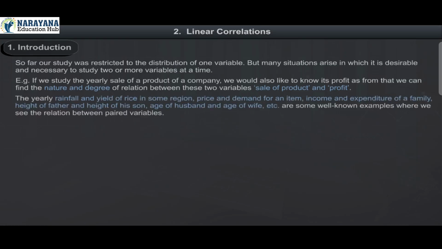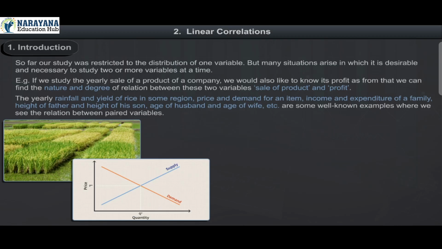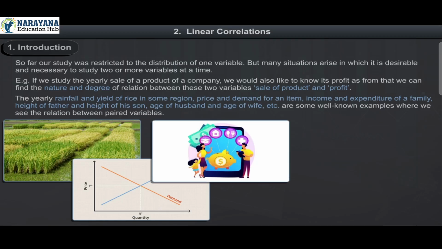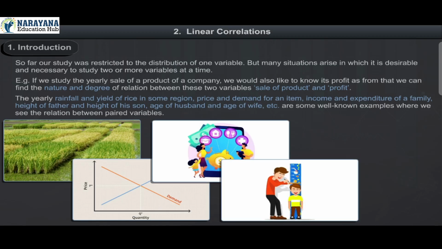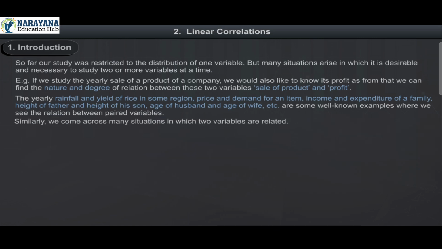The yearly rainfall and yield of rice in some region, price and demand for an item, income and expenditure of a family, height of father and height of his son, age of husband and age of wife, etc. are some well-known examples where we see the relation between paired variables. Similarly, we come across many situations in which two variables are related.